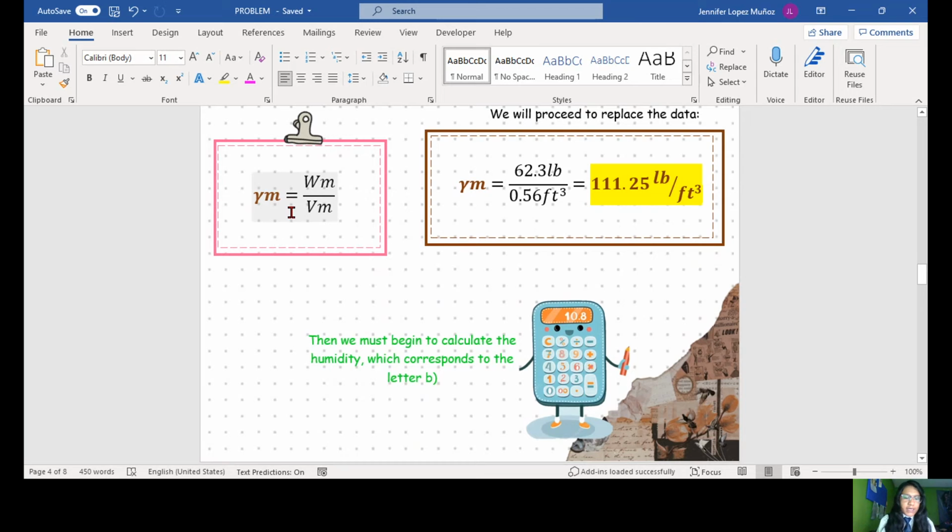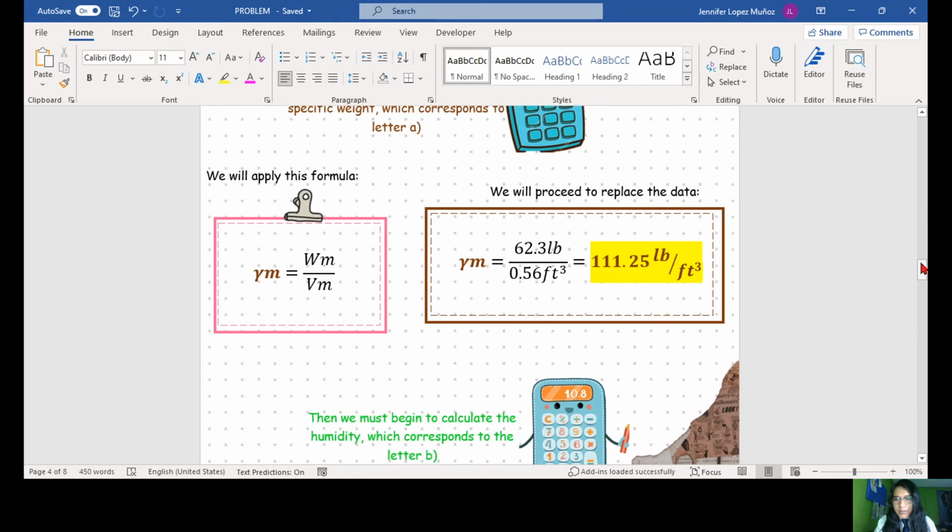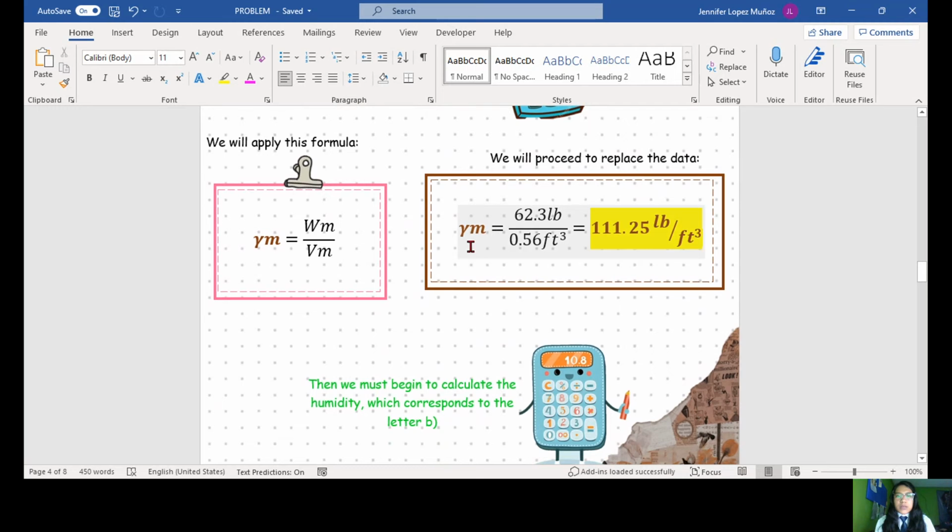The specific weight of the sample equals the sample weight divided by the sample volume. Then we will proceed to replace the data according to the problem.